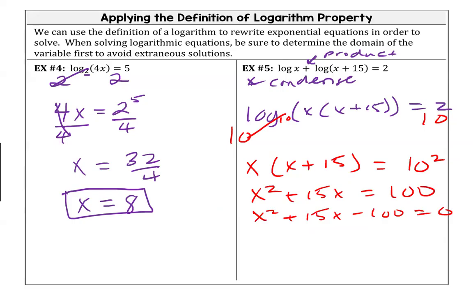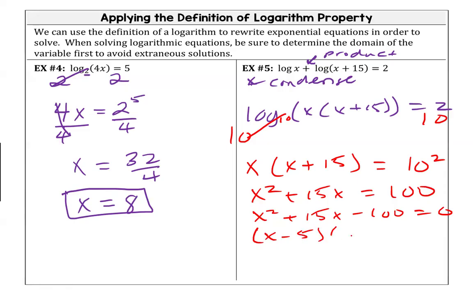Remember, this is a simple factor. So I'm asking myself what multiplies to give me negative 100, but will add to give me a positive 15x. So what 2 numbers multiply to give me negative 100, but will add to give me 15x? What about 5 and 20? There we go.